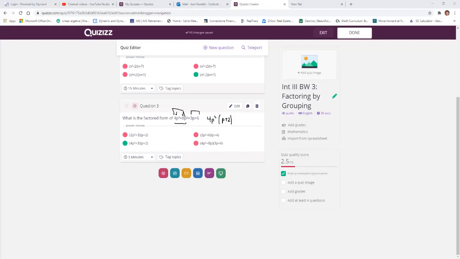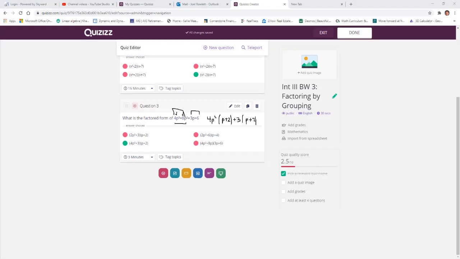And in the second 2 terms, the only thing I can factor out is a 3. So I'm going to say plus 3. And that will leave me p plus 2 as well. And we can check and verify that that's correct by using the distributive property. And let's do that, right? I've got 3 times p, which is 3p, and then 3 times 2 is 6.